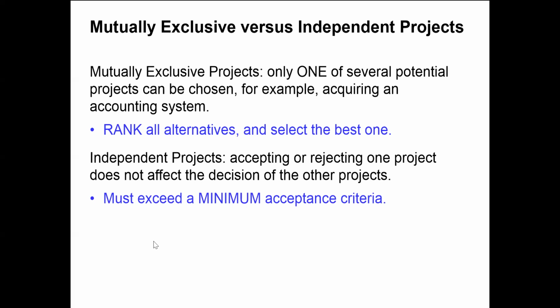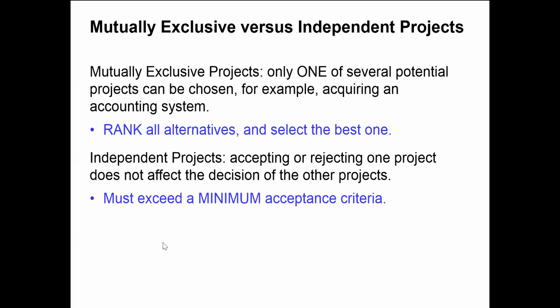If the criterion exceeds the minimum acceptance level, you accept the project. If it does not exceed the minimum criterion, you should reject it. So this is an independent project, right?